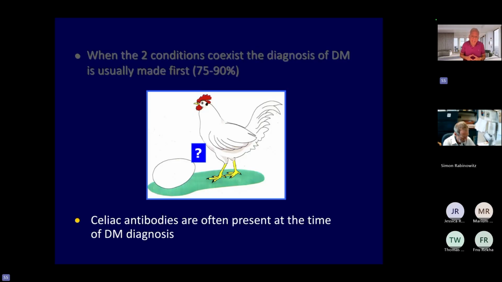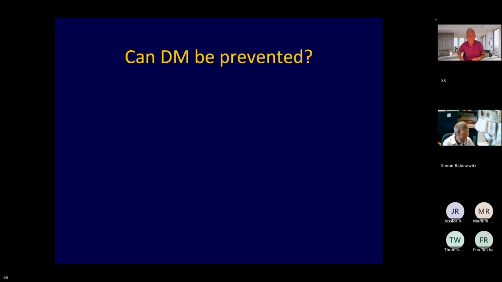However, celiac antibodies are often present at the time of diabetes diagnosis. So again, this asks the question of, if you have a patient with celiac disease and they may be at risk for diabetes, can diabetes be prevented?